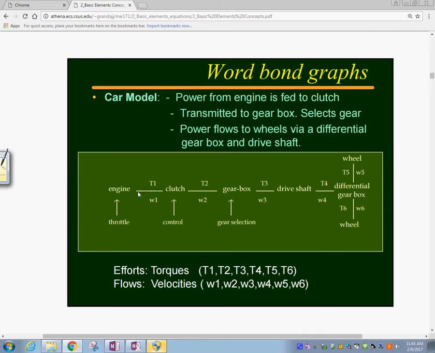But we as engineers work in the mathematical world where we have to put the equations of each one of these elements and make the entire system work together. For that effect, we are going to have to study the different elements that we have in real life, and then transform these words into elements that the computer can understand. So that's how we do word bond graphs.